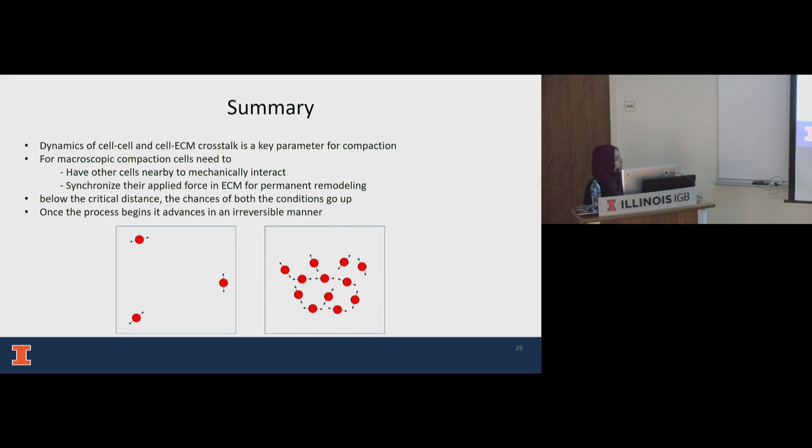When we are above the critical cell density, the probability that two cells would synchronize their pull and initiate the positive feedback loop goes up. And once this process starts, the whole macroscopic compaction occurs in a positive feed-forward manner.